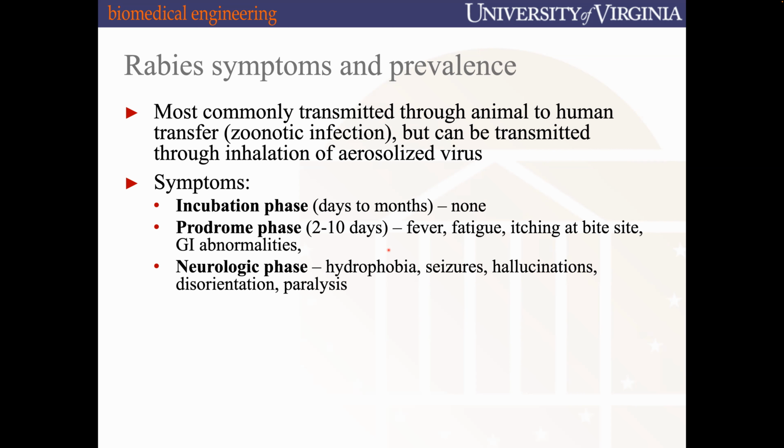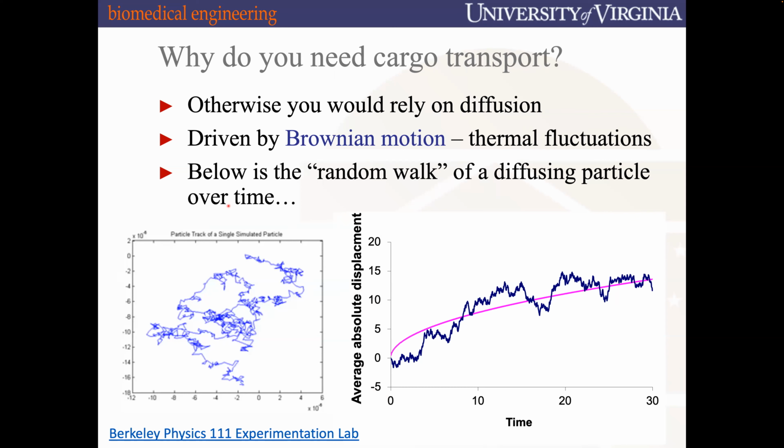This is driven by Brownian motion, which is thermal energy driven motion. Everything in the cell has some Brownian motion, so there are always fluctuations in particles and proteins in the cell, in the membrane, within the cell. And so this theoretically could drive these particles to move where they need to go.